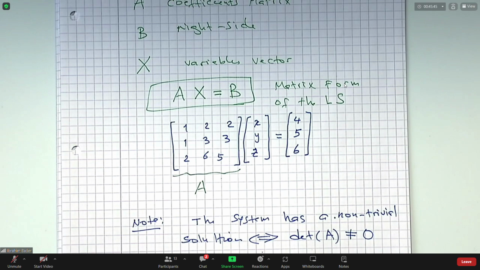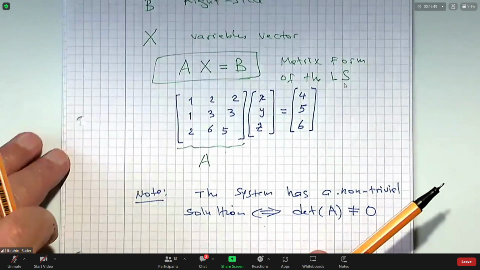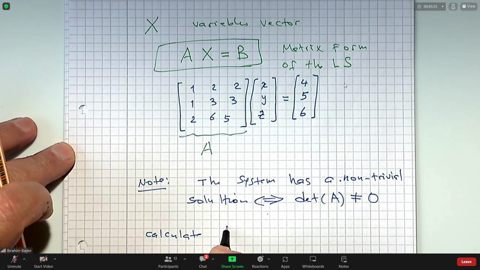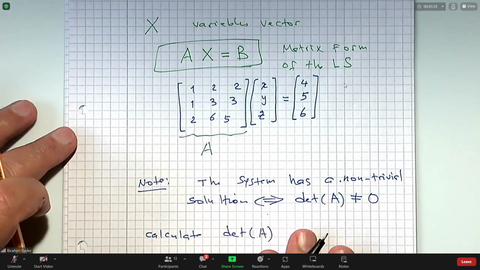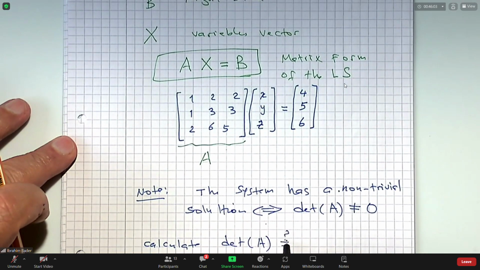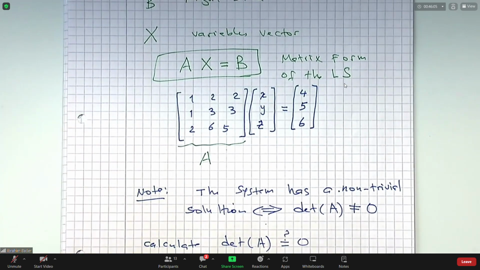Maybe I will give you a couple of minutes to find out this determinant. So calculate, just to remind you, this is A here. What is this determinant? Is it equal to 0?